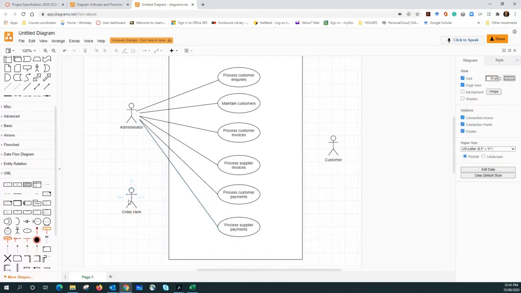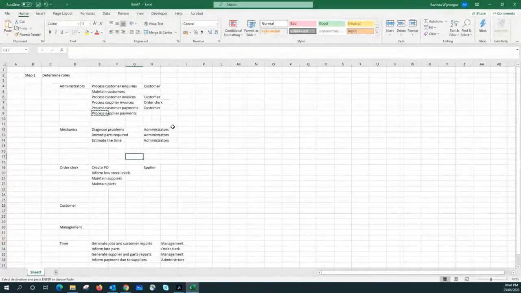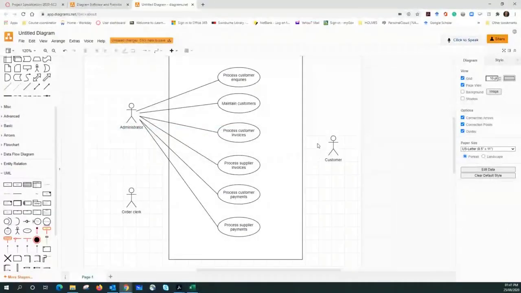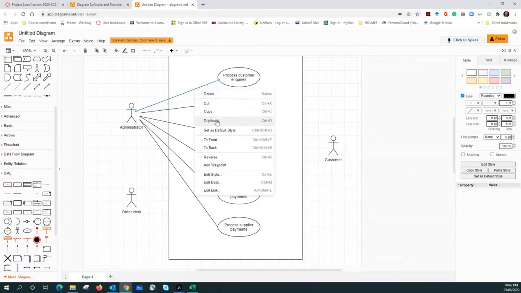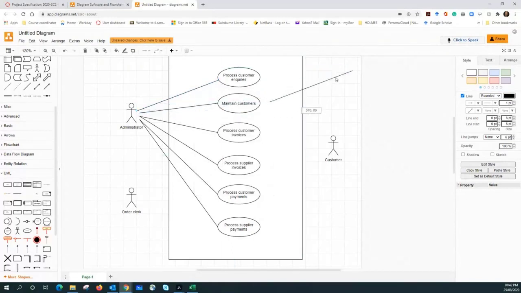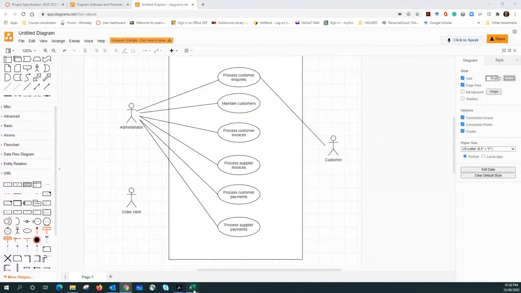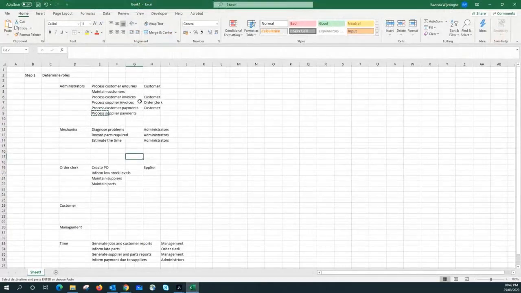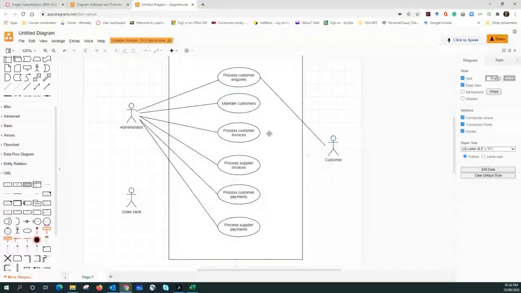So we gave access to all six for the administrator, and then the customer can access process customer inquiries. So this one can be reached by these two, right? Okay, so I can duplicate another one. Maybe we can take it here. Then process customer invoices can again be accessed by the customer.